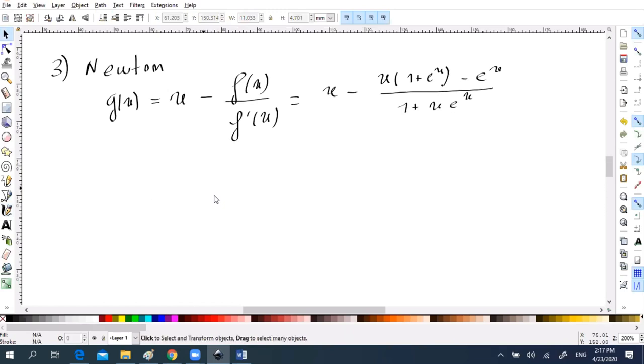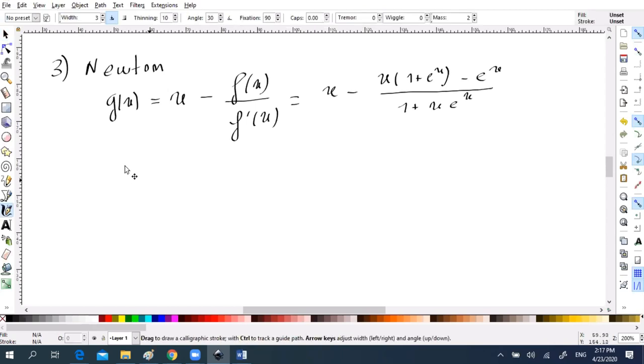I showed in the lecture that when xn is close to s, f of x0 times f double prime of x0 is positive.